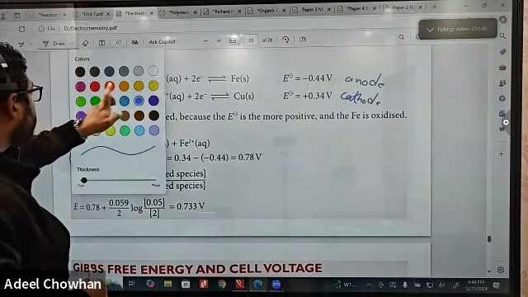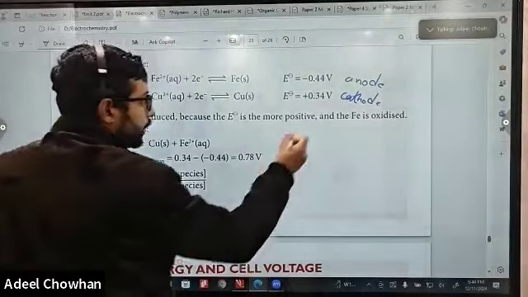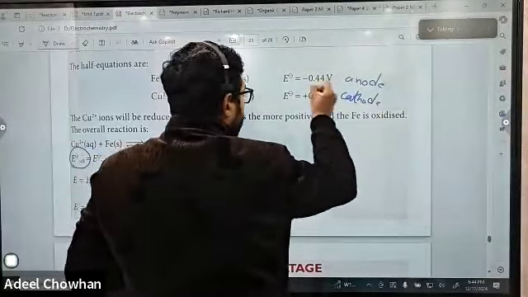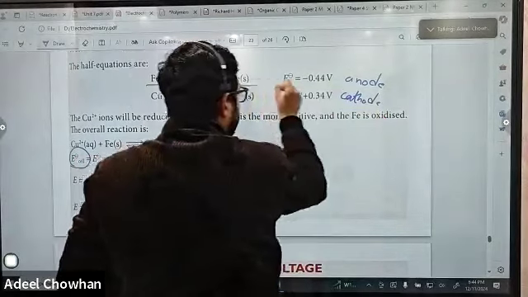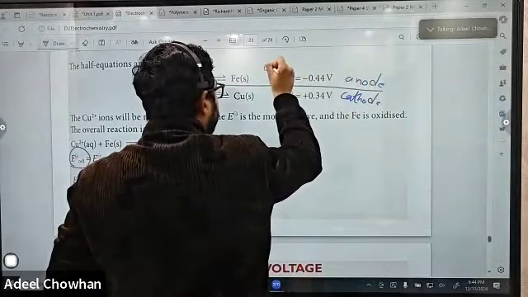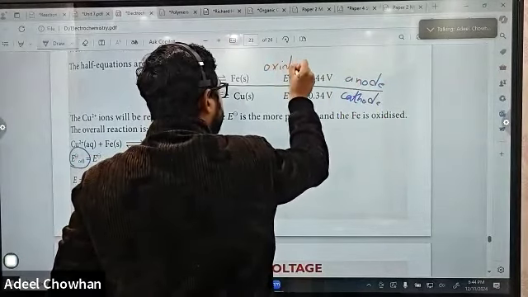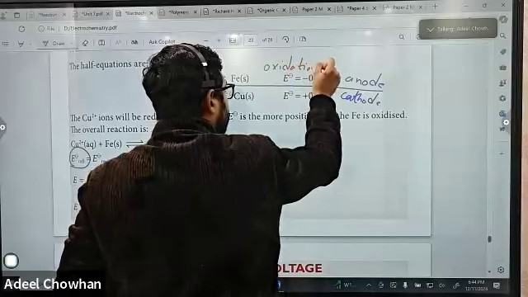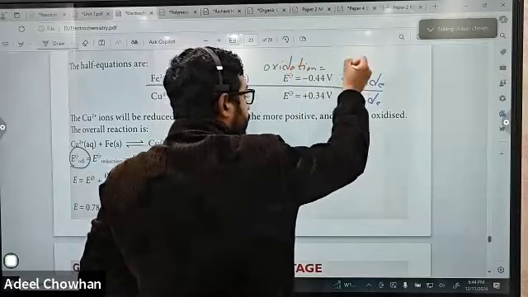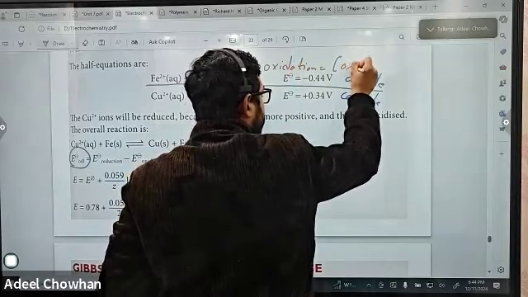Why? I'm repeating. You have determined that this is the anode, which means over here oxidation occurs, and as a result of oxidation, you get the oxidized species. Is it so?